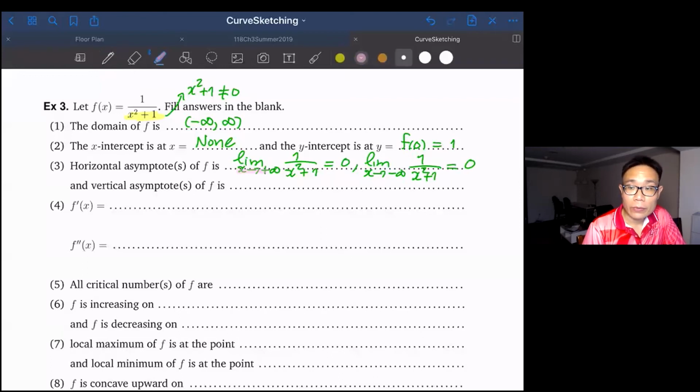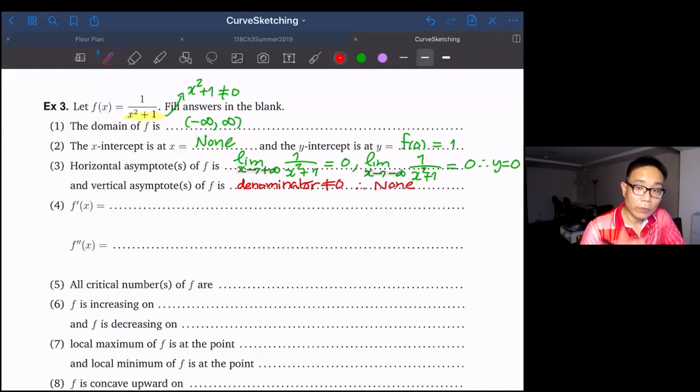Okay, so in this case, y equal to 0 is your horizontal asymptote. For the vertical asymptote, you see that the denominator is not equal to 0. So it's going to be none in this case.